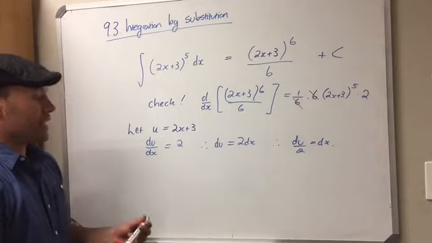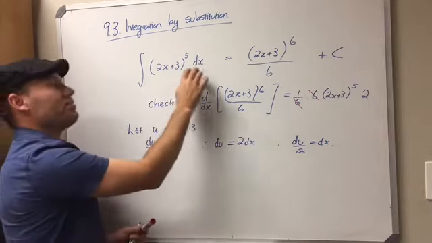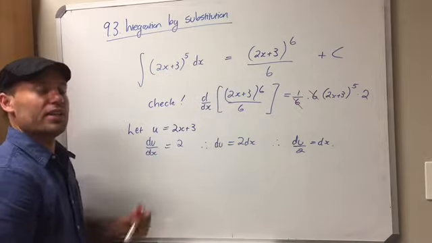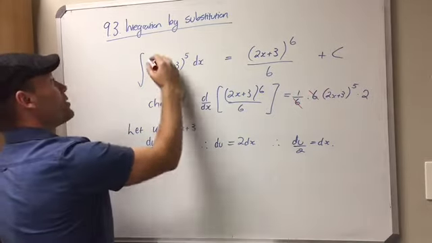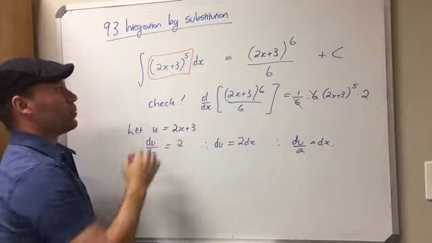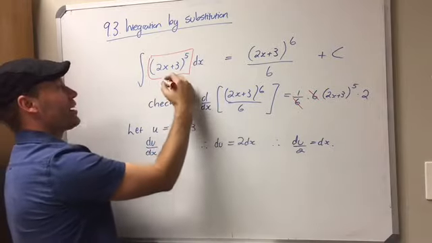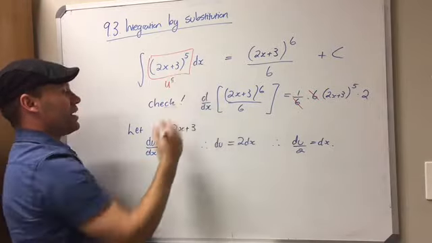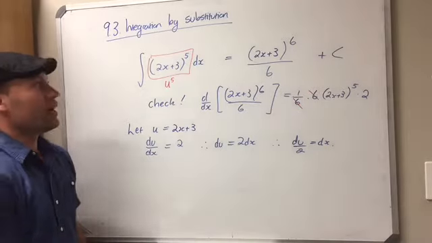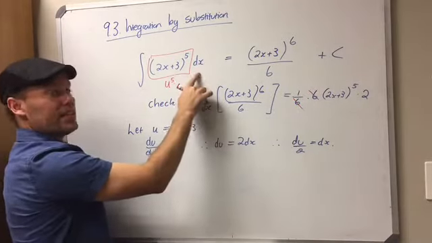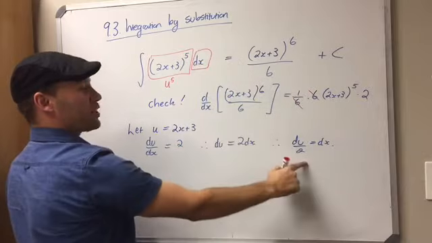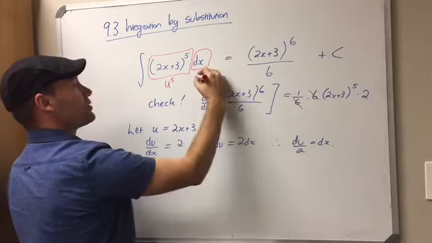And that's great because that allows me to rewrite each and every part of the original integral in terms of u. Because this part of the integral is (2x+3)^5, I can write that just as u to the power 5. There's also this part of the integral, the dx, which I can now express as du over 2.